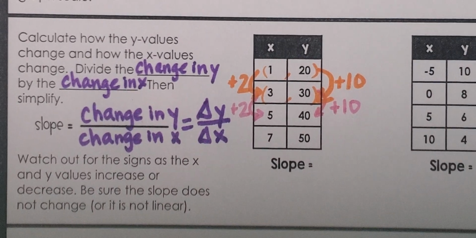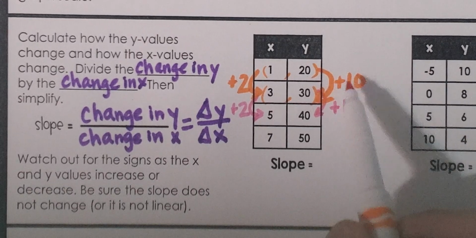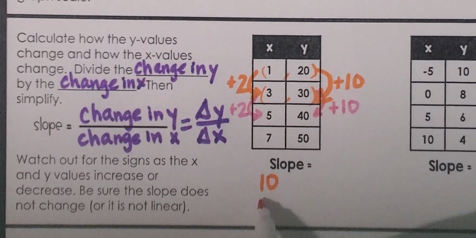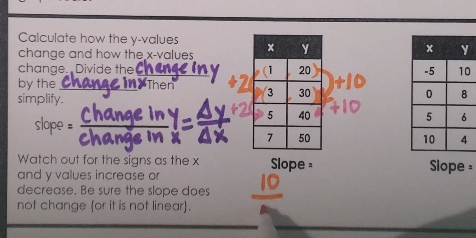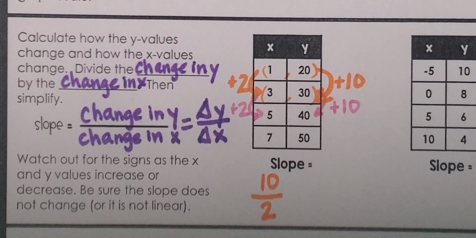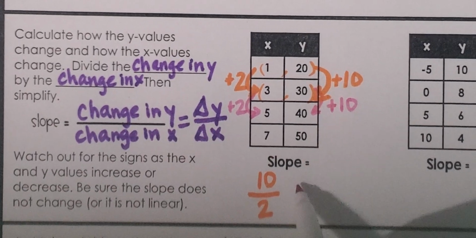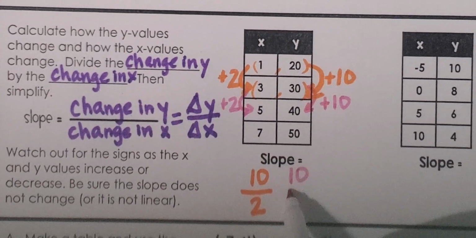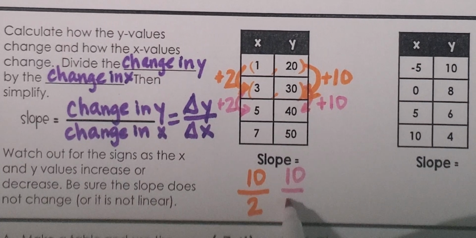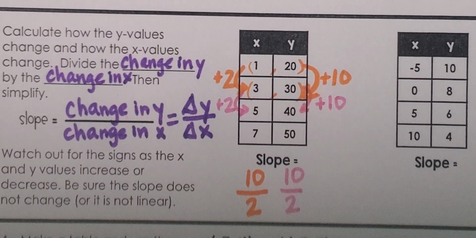For each of those ratios, I can write them as a change in y over a change in x. My first set had a change in y of 10 and a change in x of 2. In my second change, I also had another 10 in y and a 2 in x.